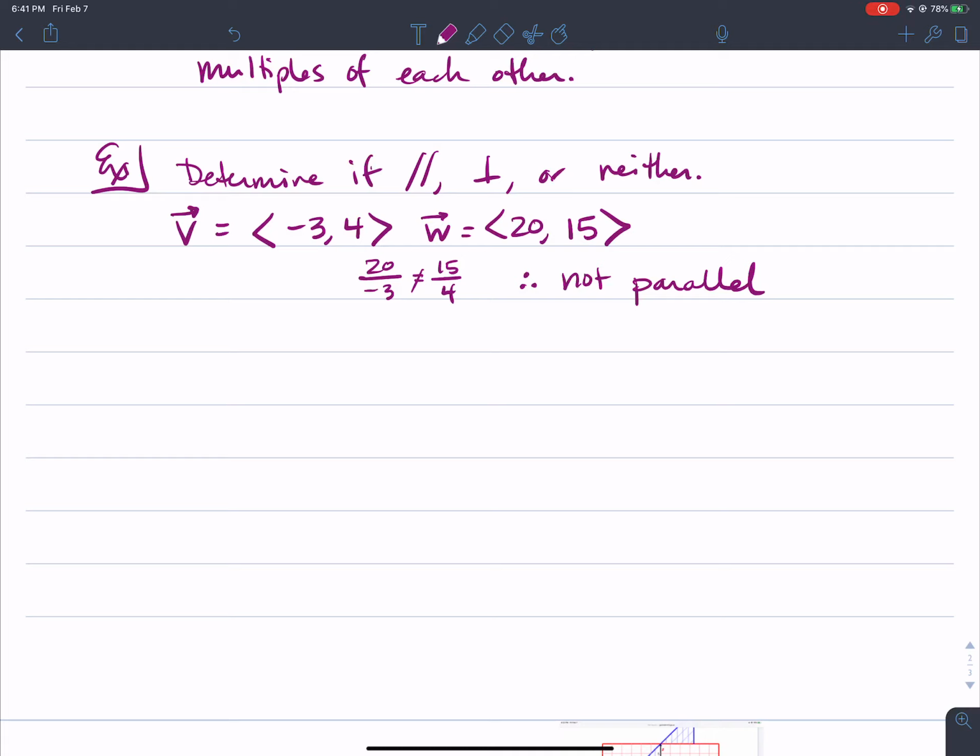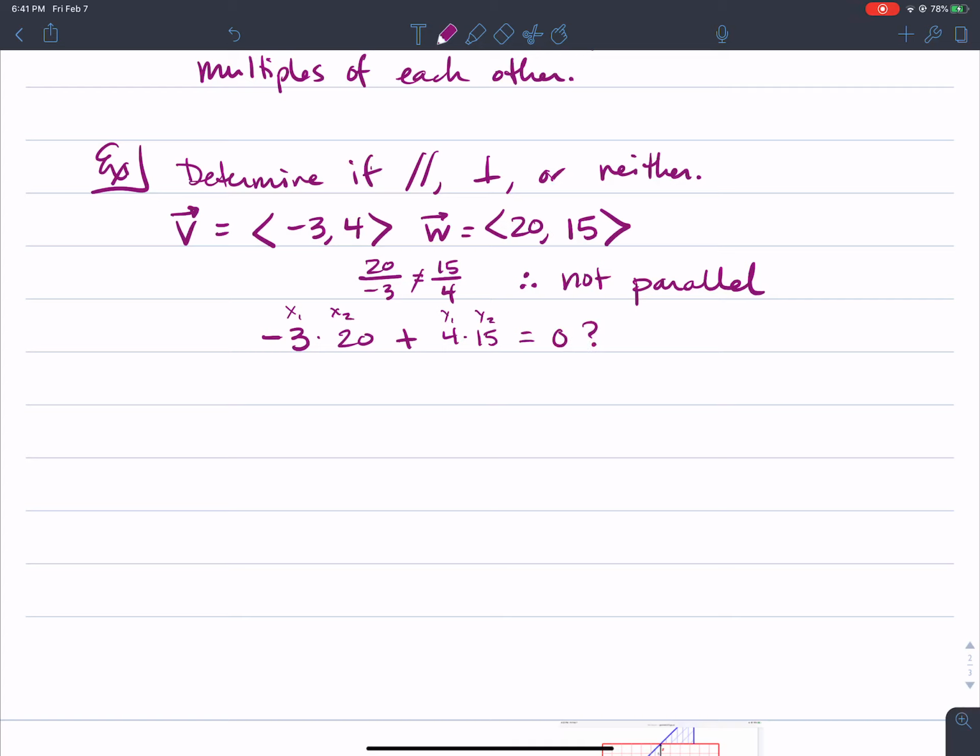So the next thing I would check is to see if they are perpendicular to each other. If they're going to be perpendicular or orthogonal, then their dot product should equal 0. So you're going to check the dot product. It's -3 times 20, so x1, x2, plus 4 times 15, so y1, y2, going to equal 0 or not.